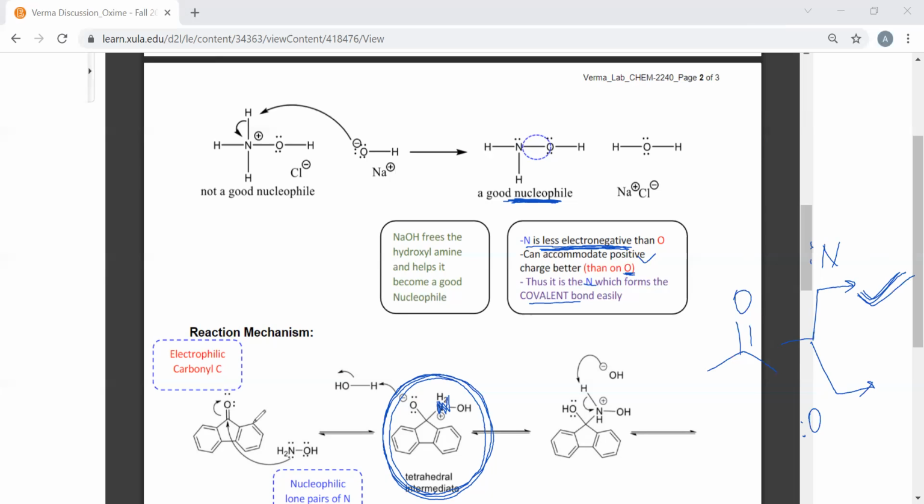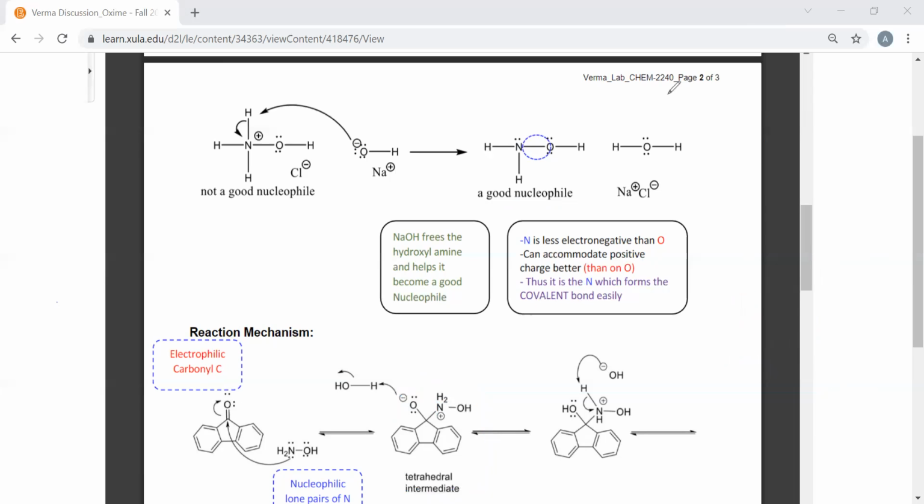Now, because we already have a ketone, we do not need for the electrophile to be stronger. Usually, when you have an alcohol, the oxygen protonates it to make OH a good leaving group, making this carbon very, very electrophilic.